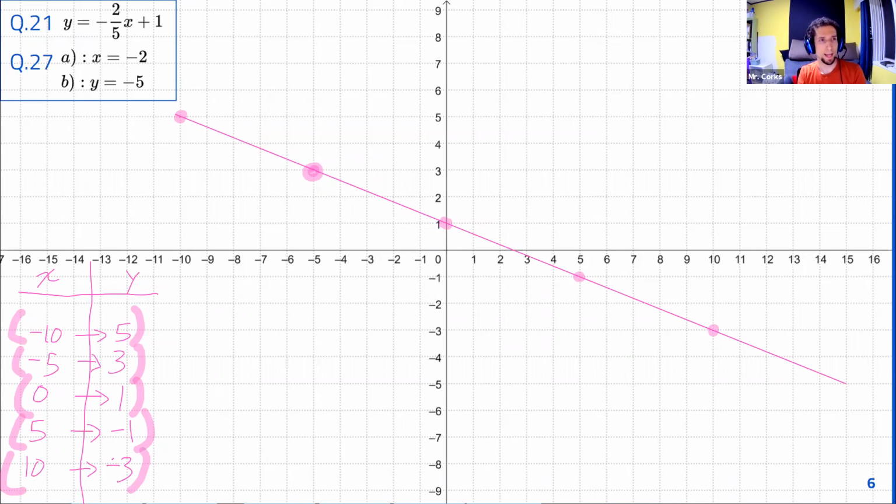All right, 27, the other one. So two special cases. First one, we have an equation where just x is equal to -2. Already, before we even graph it, we should know a lot about what this looks like. So what do we already know about that? It's a vertical line.